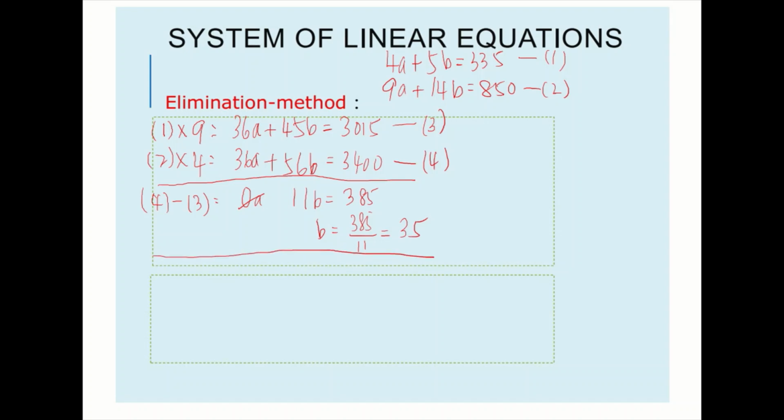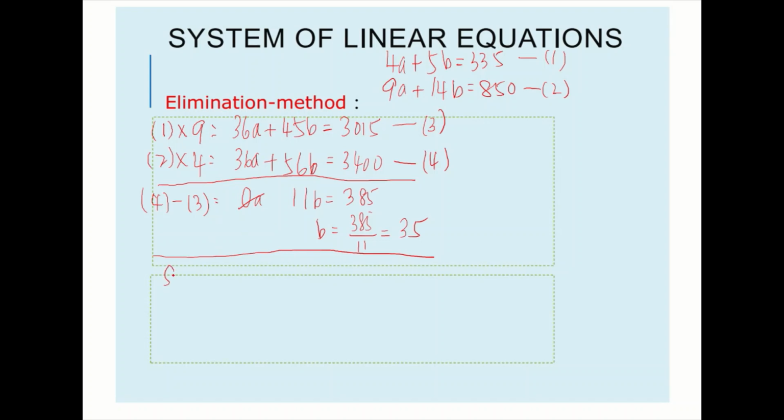Now, how do we find the A then? We can take this value and substitute into one of these equations. We are going to take the easiest one. Which equation do you think is the easiest one? The easiest one is equation 1.